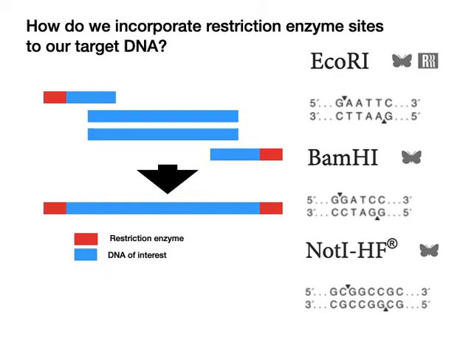Next, how do we insert our target DNA to make many copies of it? The best way to do this is the use of a restriction enzyme. Restriction enzymes were discovered by Stewart Lin and Werner Arber, and these enzymes got their name from the fact that they prevent invasion of foreign DNA, especially from bacteriophage.